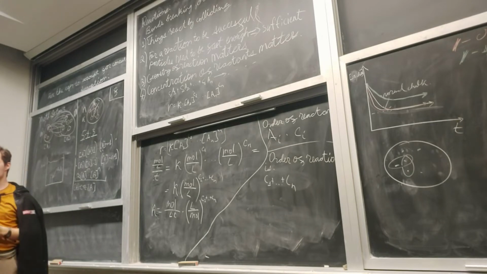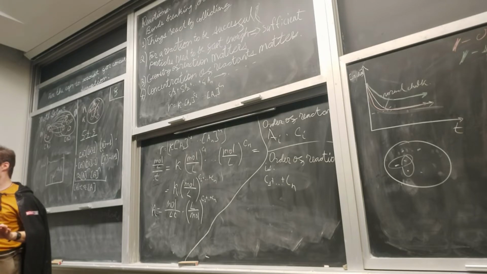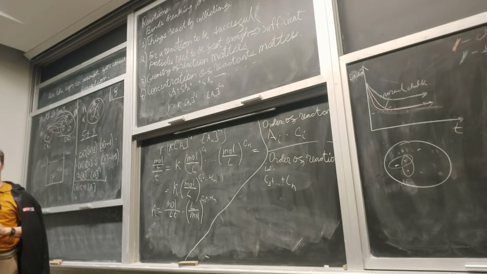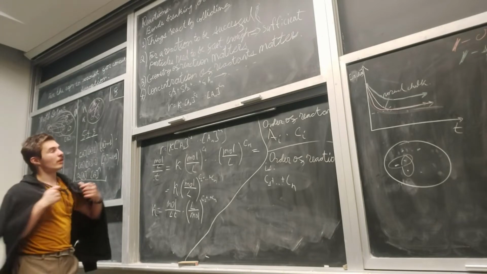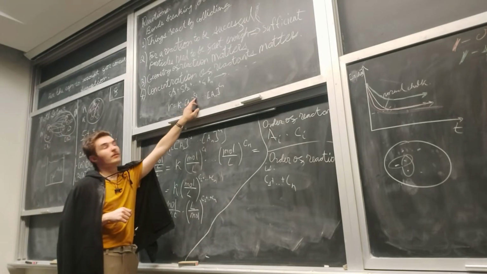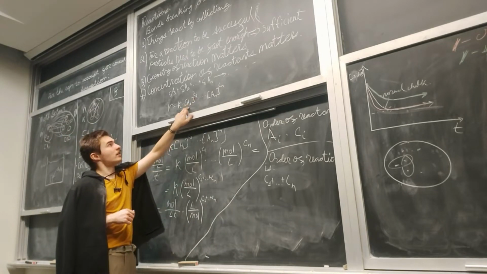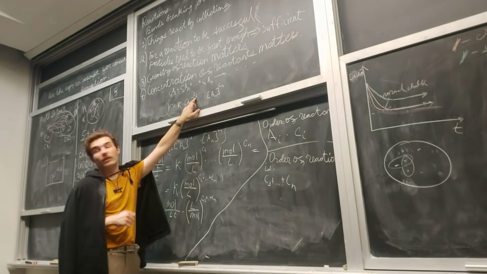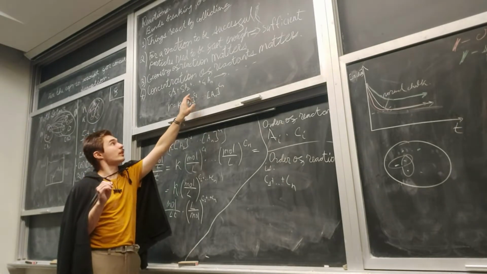Does that make sense? I'm just giving stuff names. We're now going to call this number the order of reactant A1. If I say order of reactant A1, you say C1.